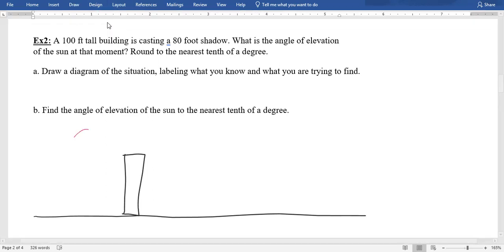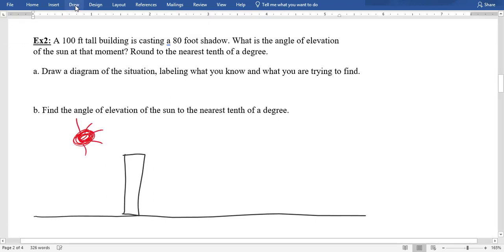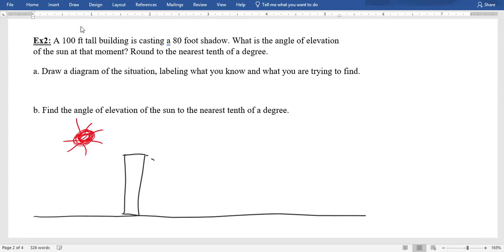The sun is red and orange and yellow, but I don't think I have all those colors. I have red, so here's the sun. It casts a shadow, just like that. The 100-foot tall building casts an 80-foot shadow, and we want to know the angle of elevation of the sun.